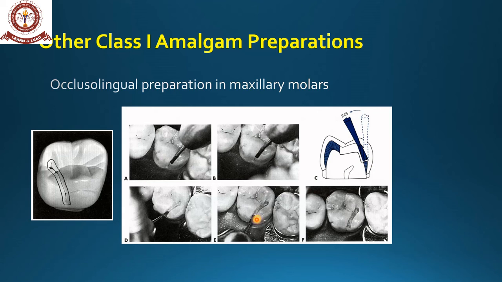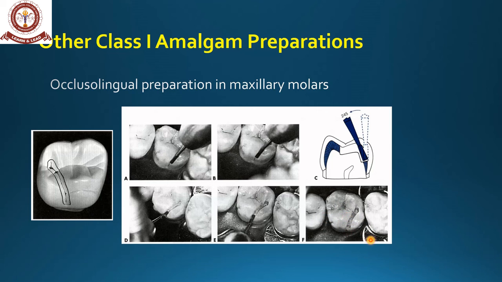The line angles and everything can be made proper by placing the burr perpendicularly against the axial wall. This is the final preparation of the occlusolingual preparation of the maxillary molar.